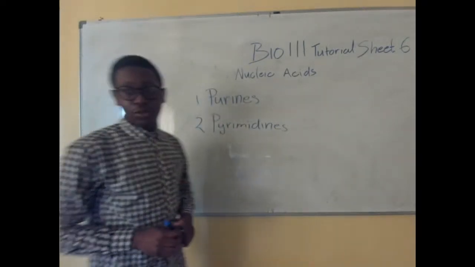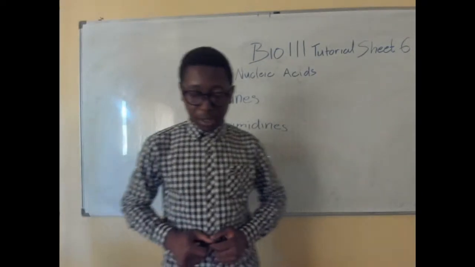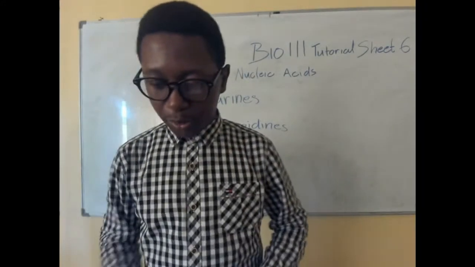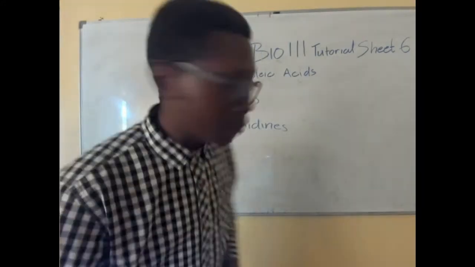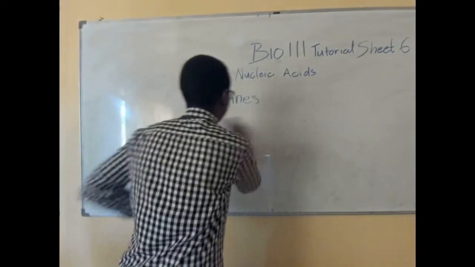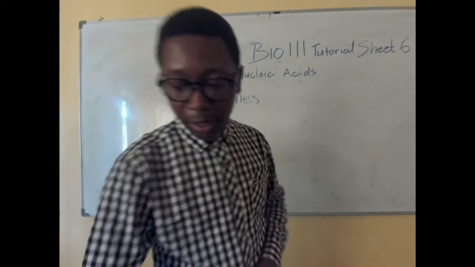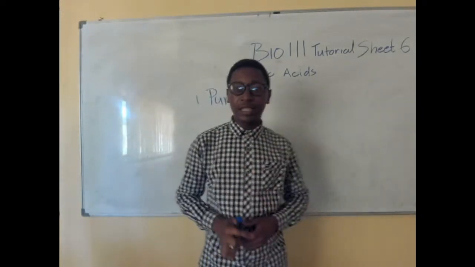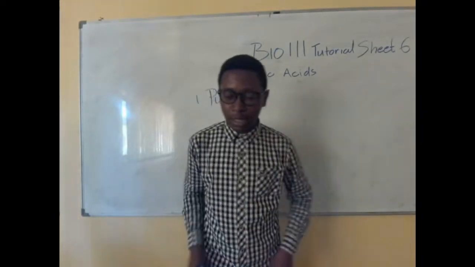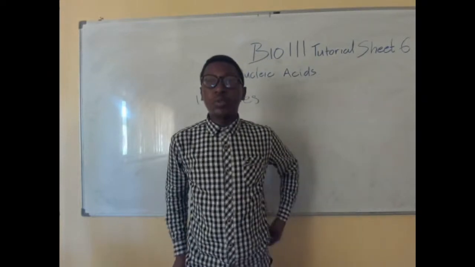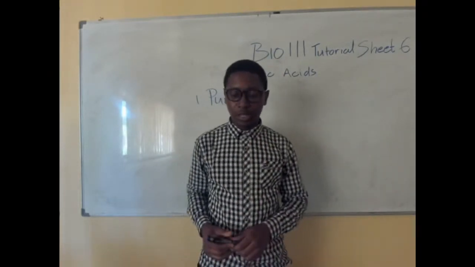Okay, so we'll start by talking about purines. So now, what are purines? Purines are heterocyclic aromatic compounds that consist of 2 rings.